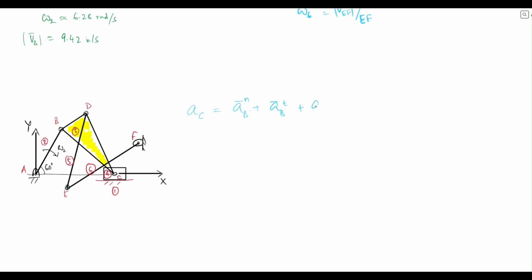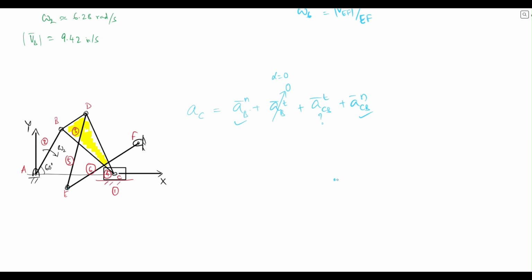And then you can add from C with respect to B tangential plus C with respect to B normal. We know this quantity, this is 0 because there is no alpha. And then we know this quantity, we need to know this. So we don't know this, but we know this.